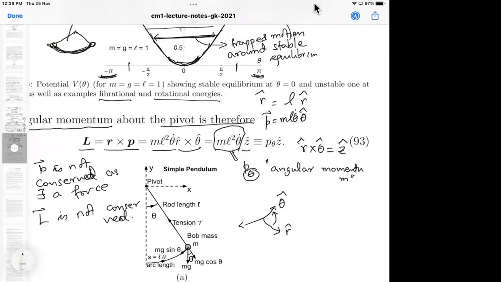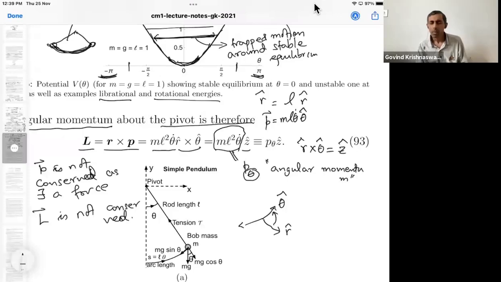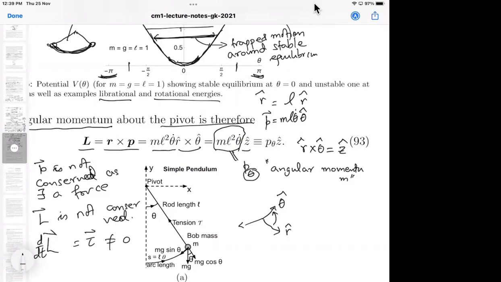There's torque. Okay, Shubham, is that Shubham? Yes, sir. Earlier it was Milanpal, and now Shubham says that there is a torque. Indeed, we had derived the equation of motion for L, which said that dL/dt is equal to the torque, and in this case the torque is not zero. That is why L is not conserved. That is one way to look at it. What if we choose our axis of rotation on the particle?